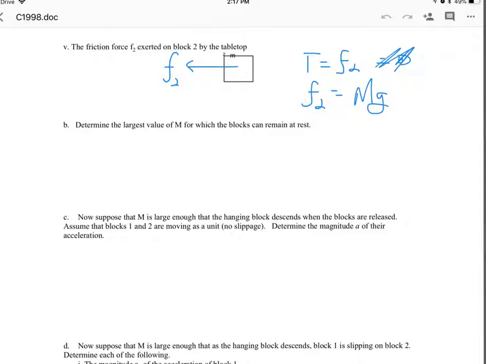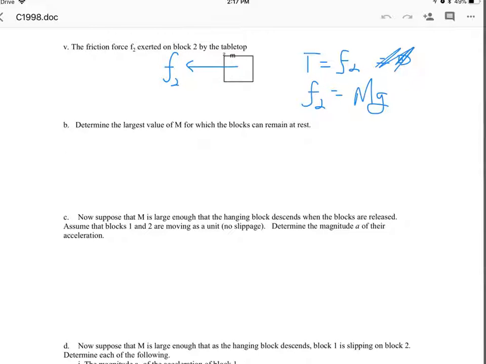Okay, now part B. What is the largest value of m so that the whole system remains at rest? So if we take out all of the internal forces, now we can go about finding our equation by writing up all the individual equations of each of the blocks and combining them together.